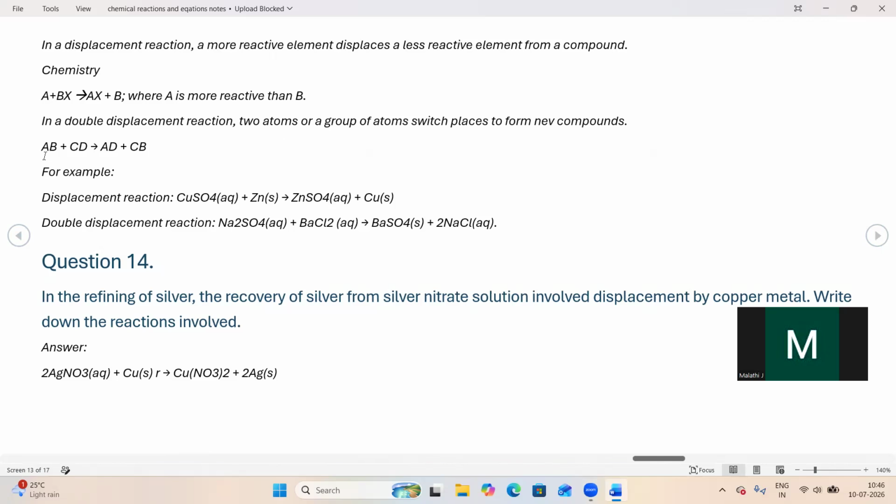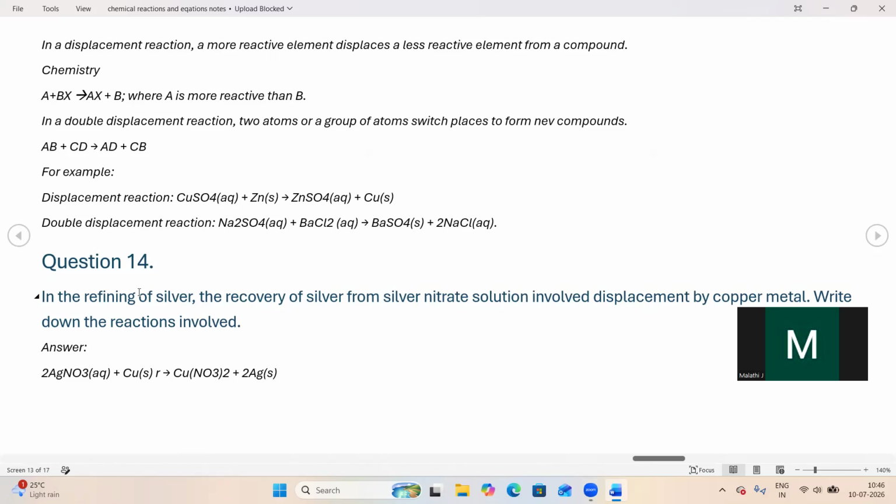It means an exchange of ions takes place. B and A will be replaced, C will come and replace A. So these are examples of displacement reaction and double displacement reaction.